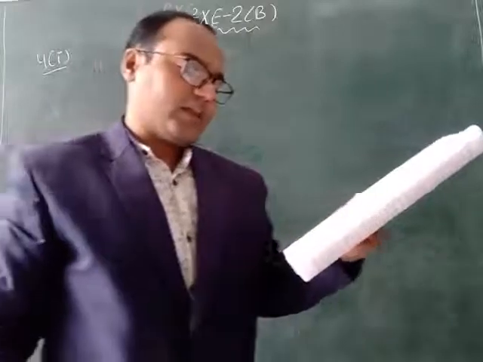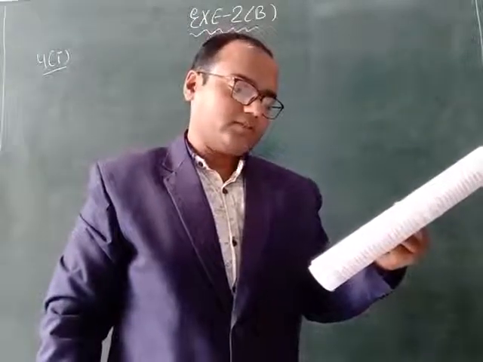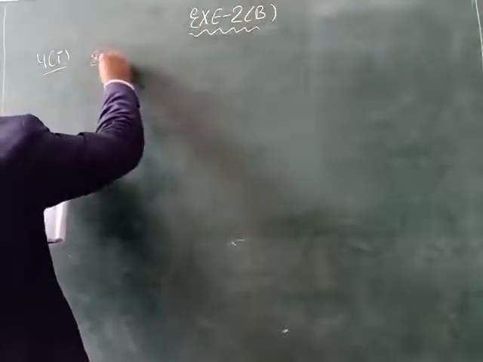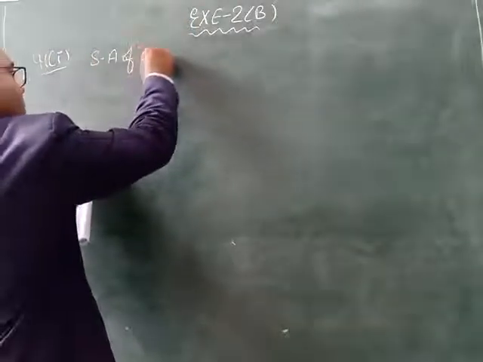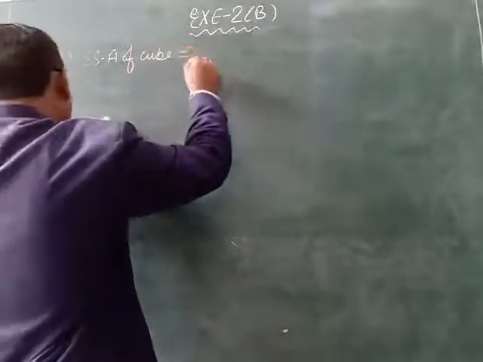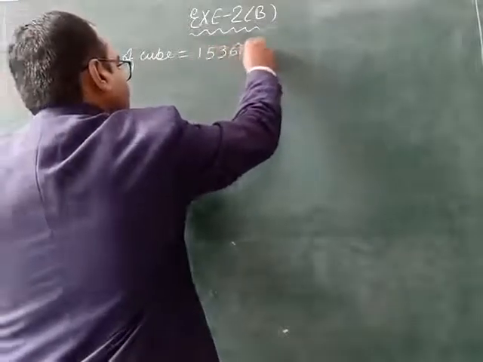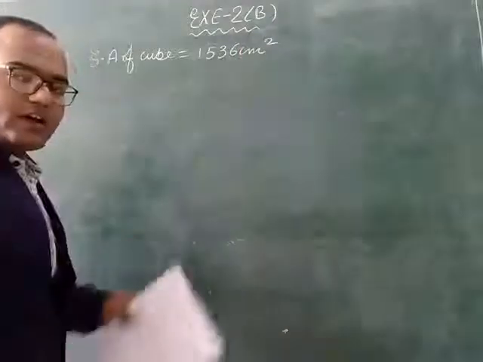The surface area of a cube is 1536. Here the surface area of the cube is given in the question: 1536 centimeter square. This is the surface area.